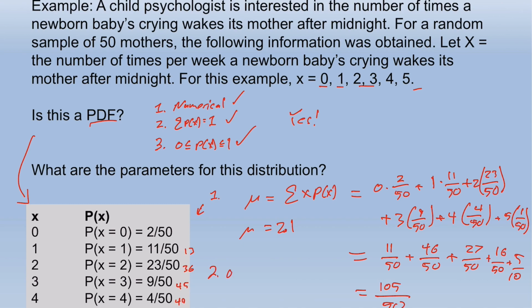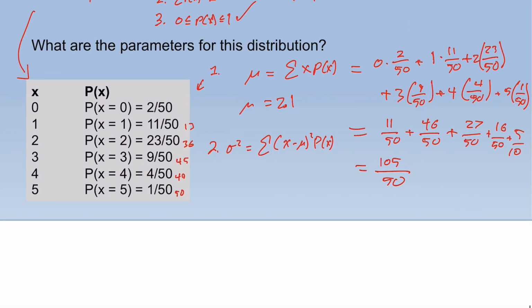Now let's do sigma squared. That's going to be the sum of the deviation from the mean, so the sum of x minus mu squared times the probability of x. I'll go ahead and do that.